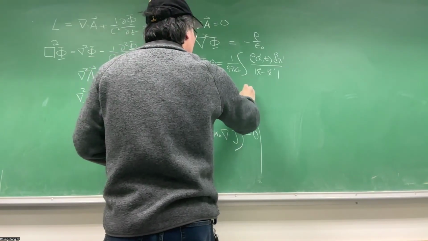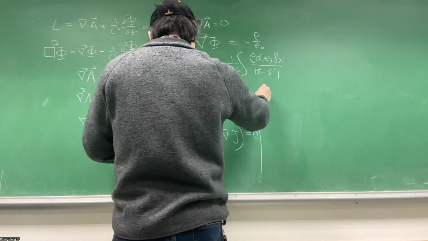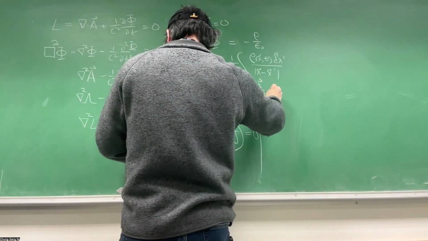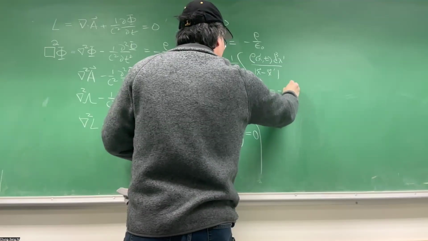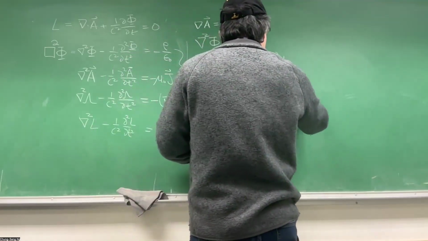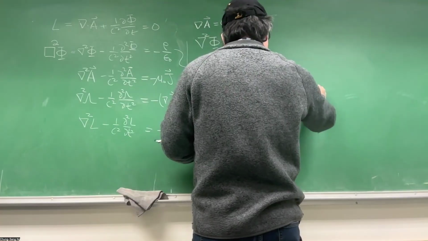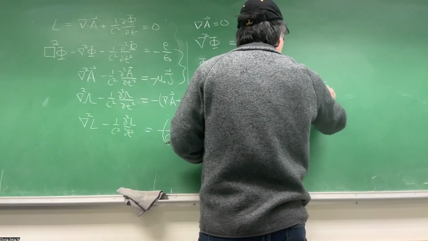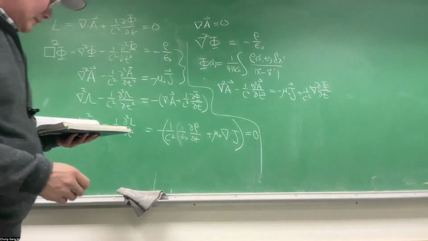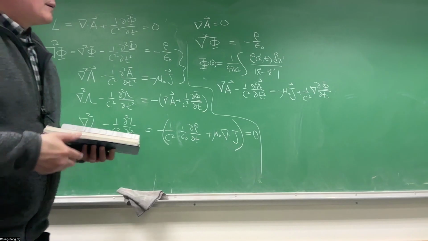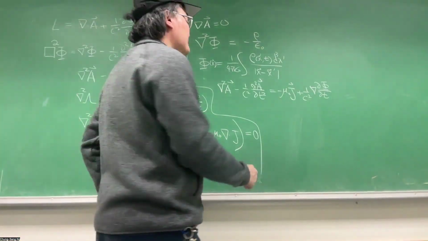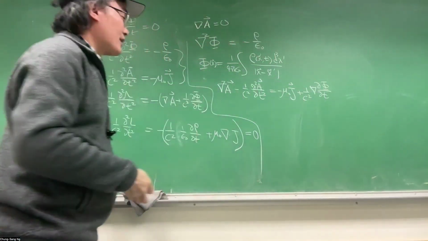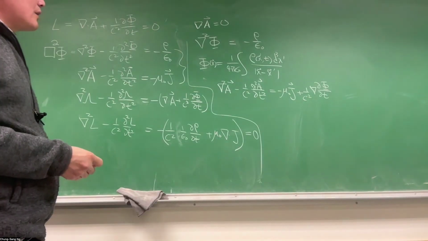This is 6.24, same as before, but then you have this extra term that depends on phi. The way to get rid of this phi, or at least make it not explicit, is to use the continuity equation.